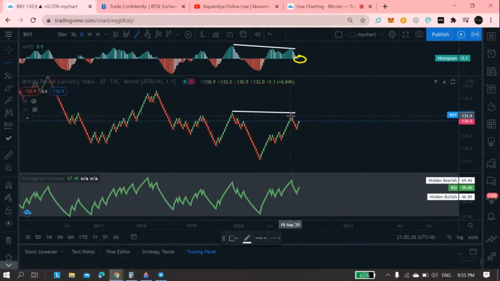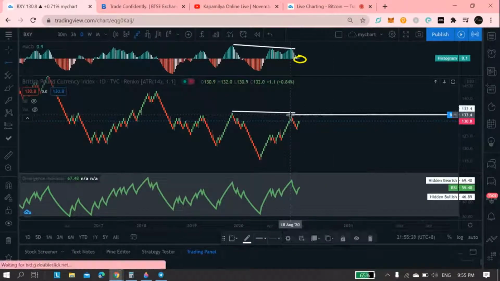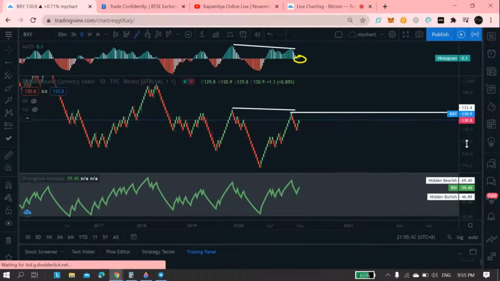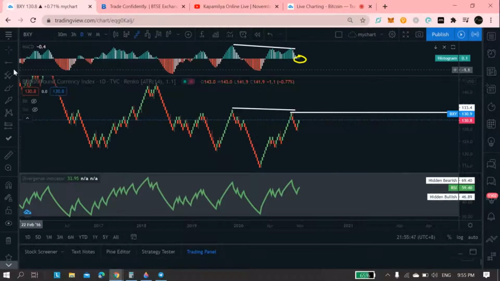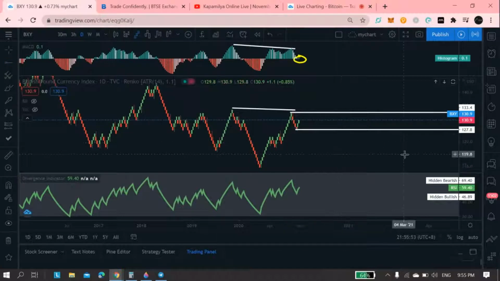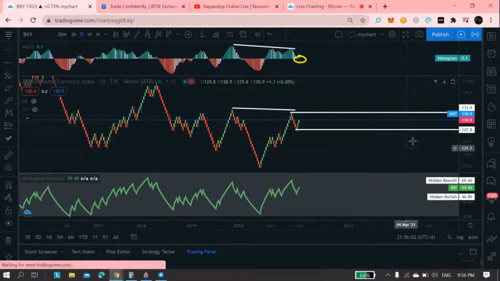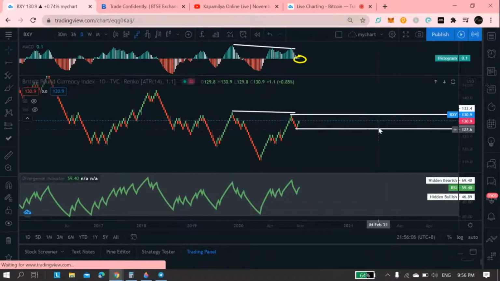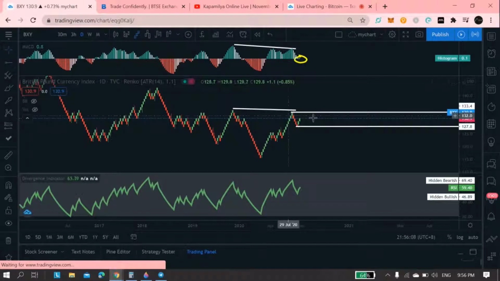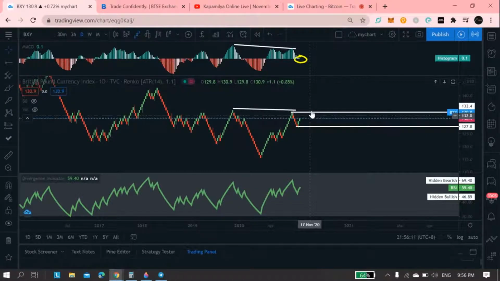So I might possibly wait at this resistance area before I go short, because the resistance I'm looking at is the 133.4 area, and the support around the 127 area. But anyway, each Renko chart, you can also use it as a support and resistance. I think the risk reward ratio here is not that rewarding.